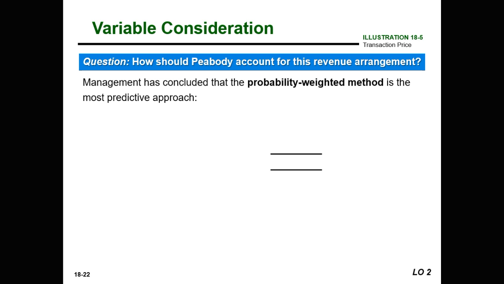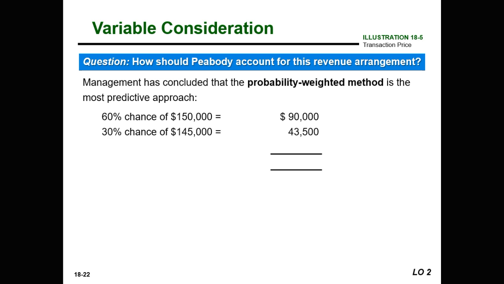So there is a 60% chance of $150,000, which is $90,000. There's a 30% chance of $145,000. That would be $43,500.